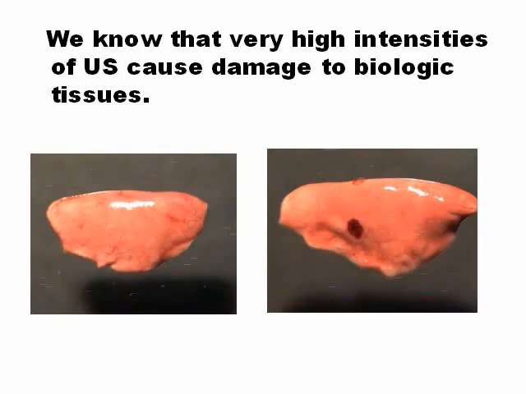We know that with a very high intensity and scanning a lot of time, ultrasound can produce damage. The example here is the lung of a rabbit. The red area, the red spot, shows that it's possible to produce harm in a rabbit with ultrasound.